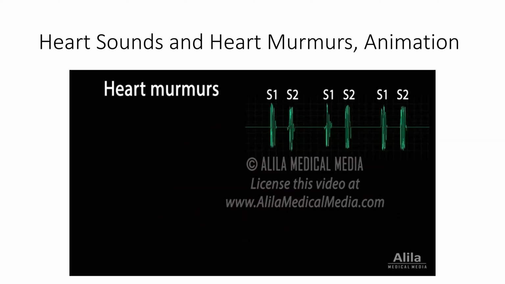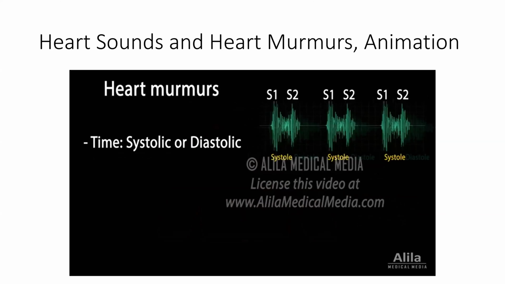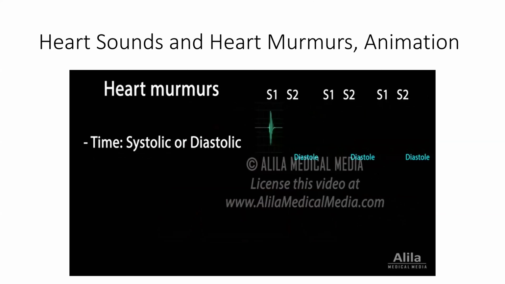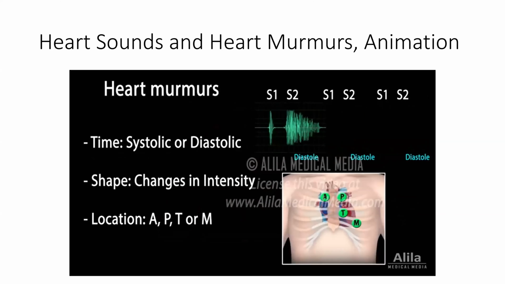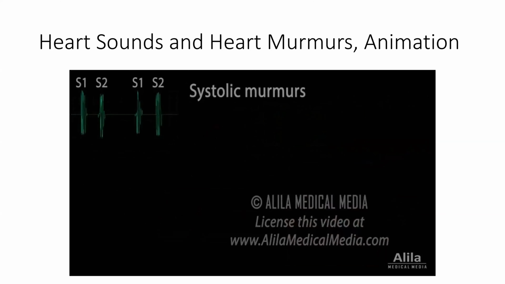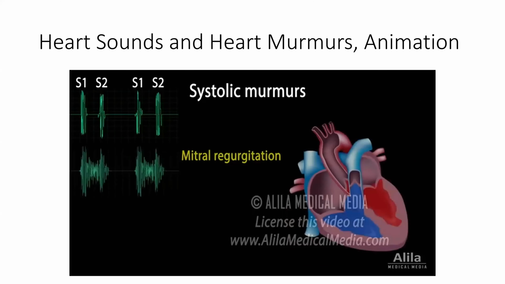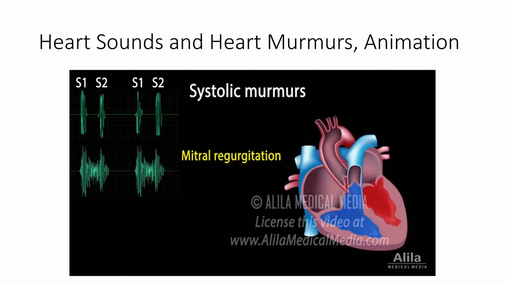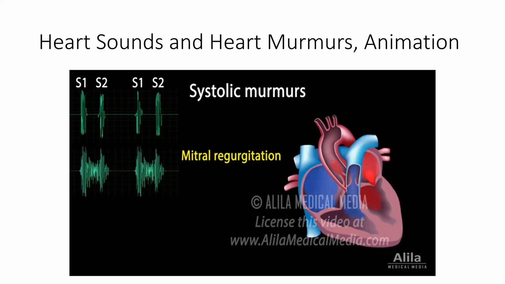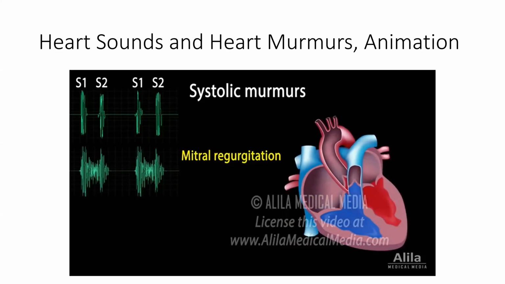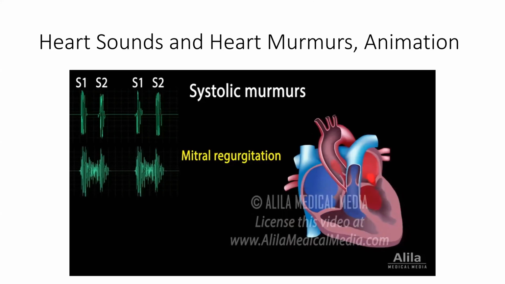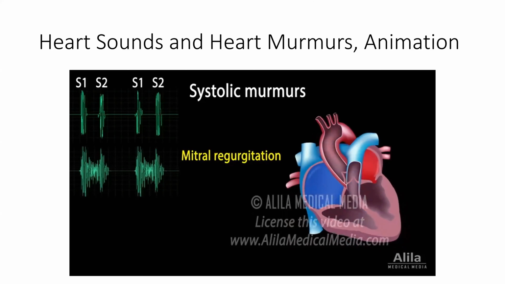Murmurs are diagnosed based on the time they occur in the cardiac cycle, their changes in intensity over time, and the auscultation site where they are best heard. Examples of conditions associated with common systolic murmurs include mitral valve regurgitation, when the mitral valve does not close properly and blood surges back to the left atrium during systole. The murmur starts at S1 when the AV valves close and maintains the same intensity for the entire duration of systole.